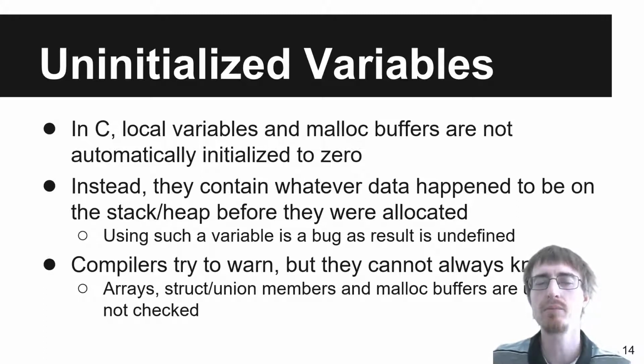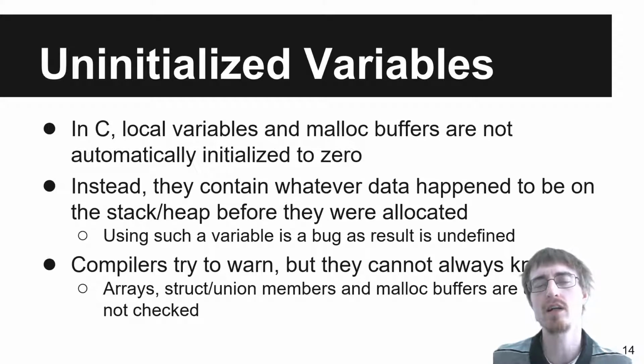It's important to know that in C, and also in C++ to some extent, local variables and malloc buffers are not automatically initialized to 0, or anything else for that matter. Only if we explicitly initialize them is a value stored there.